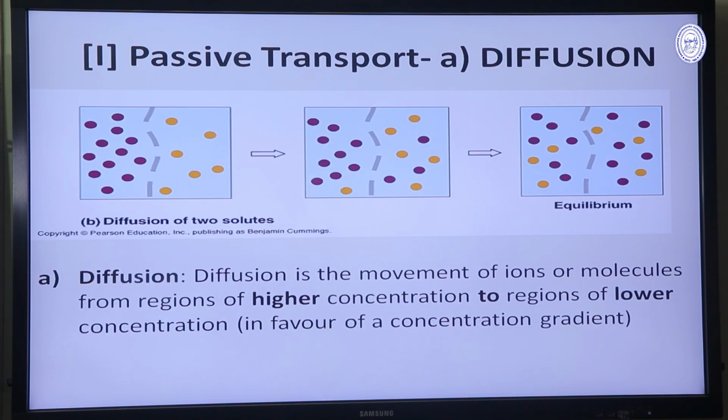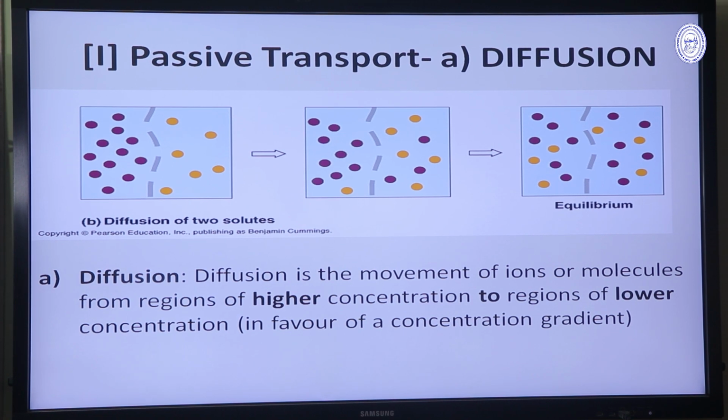The first part, that is passive transport, involves three kinds of mechanism. The first one is diffusion. So, if we put two different types of molecules in two different compartments and allow them to transport in between freely, what will happen?